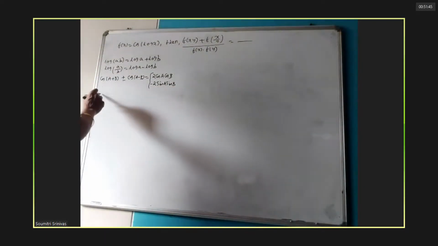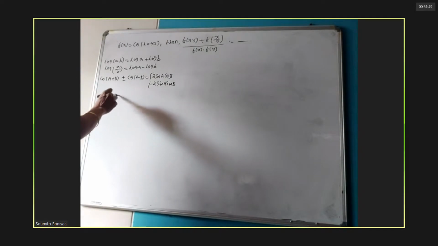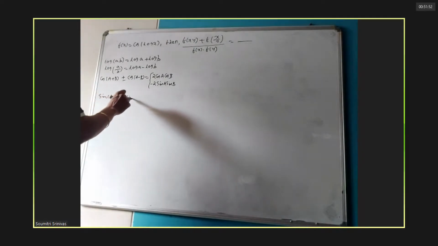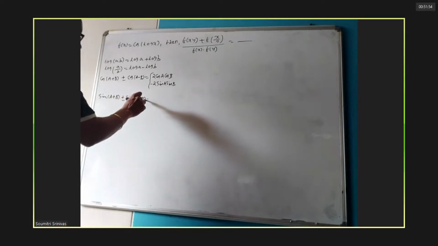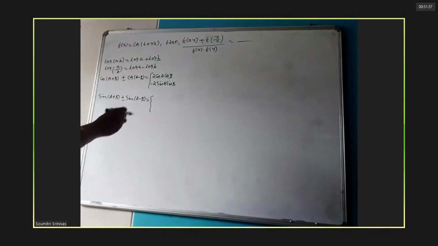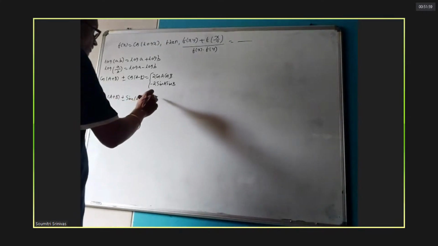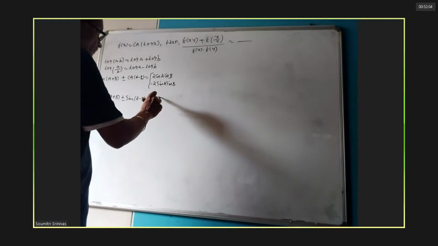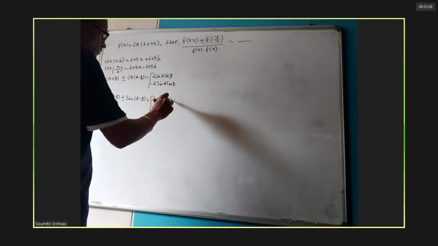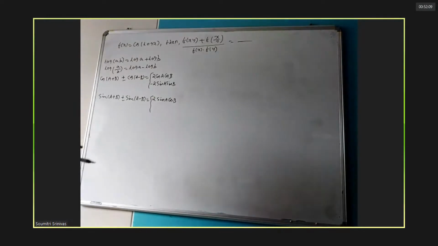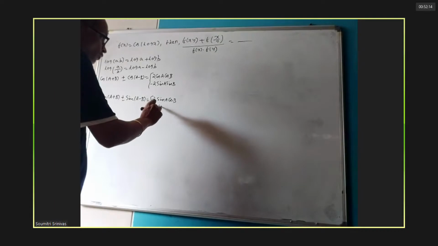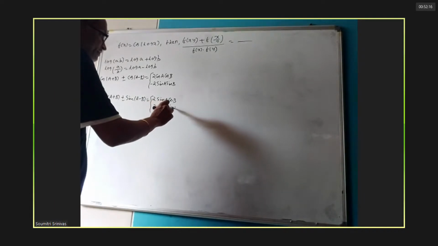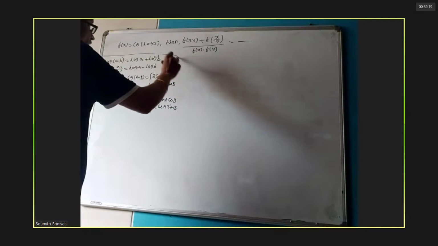Sin of A plus B plus or minus sin of A minus B. What is the plus one? 2 sin A cos B. What is sin of A plus B minus sin of A minus B? 2 cos A sin B. Important formula.